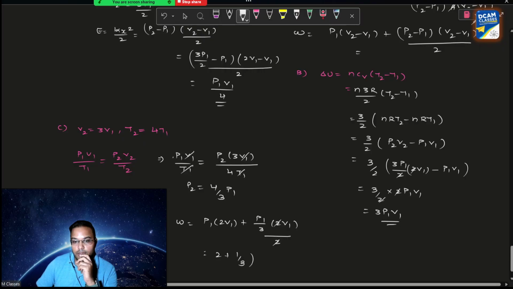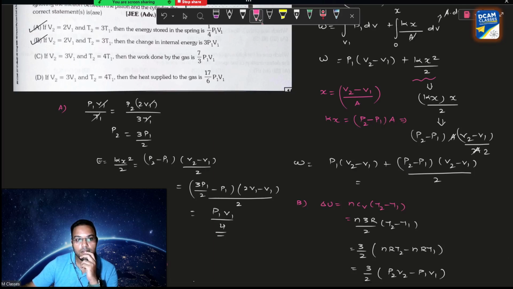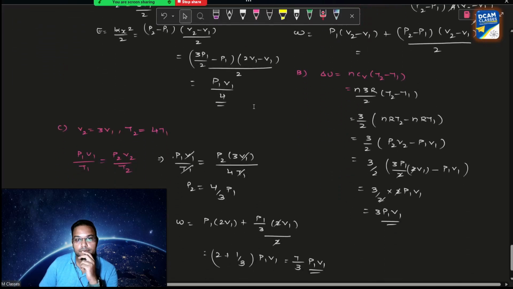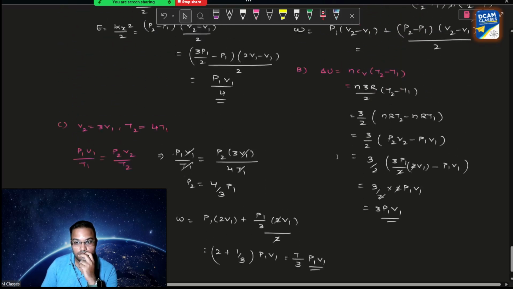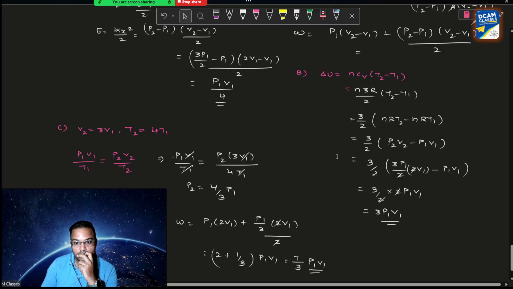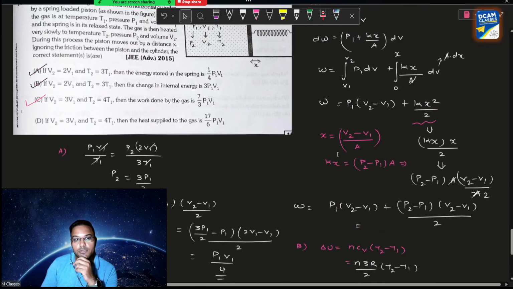That is 2 plus 1 by 3, so 7 by 3 P1 V1 is the whole work done. This is correct. This option is also correct.